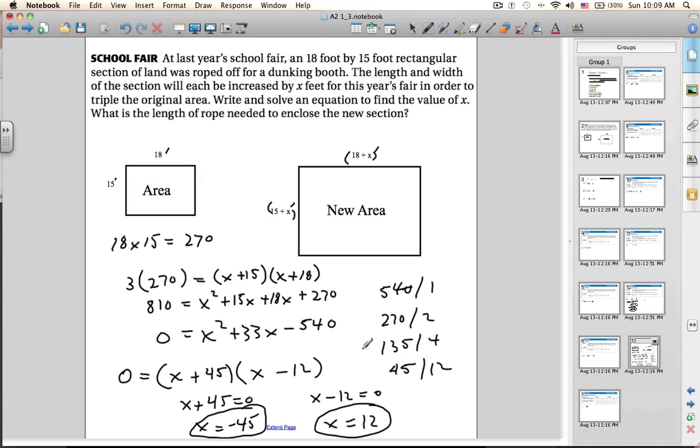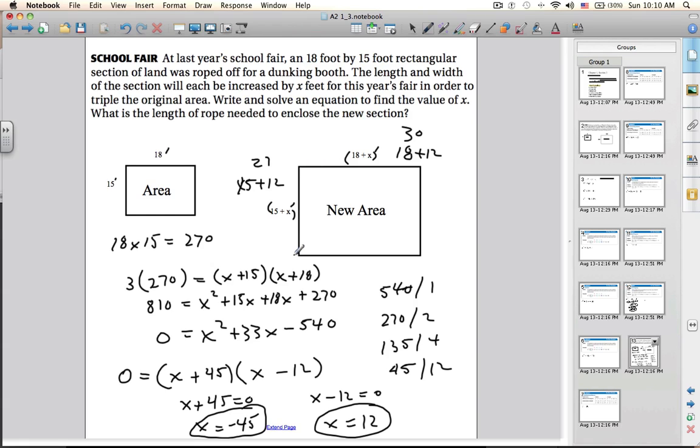It's important that when we think of distance, if I use negative 45 and I add it to 15, 15 plus negative 45 is going to make a distance of negative 30. Can I have a negative distance? I really can't. So I'm going to use the 12. So 15 plus 12 is this distance, and 18 plus 12 is this distance, so this distance is 30, and this distance is 27.